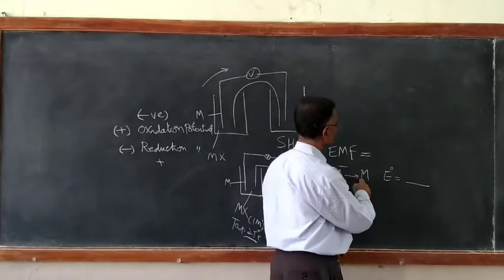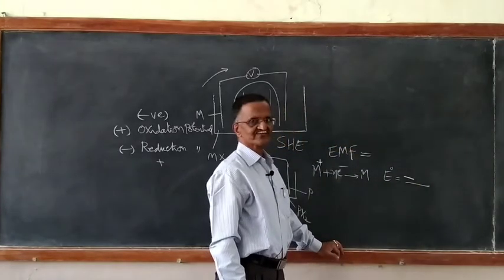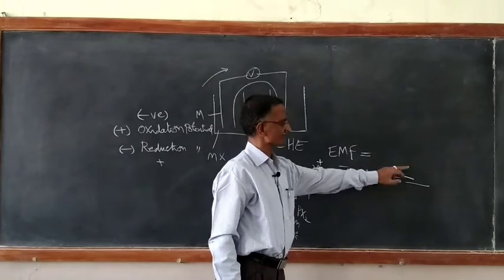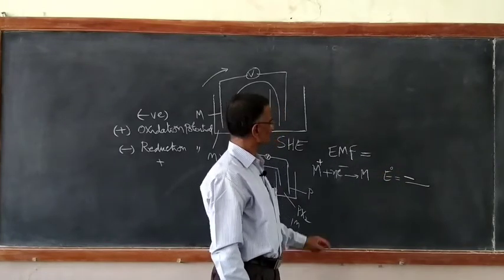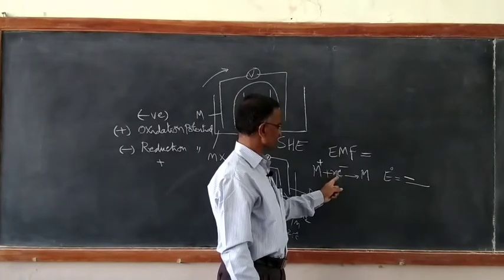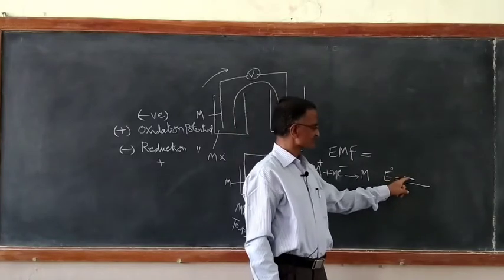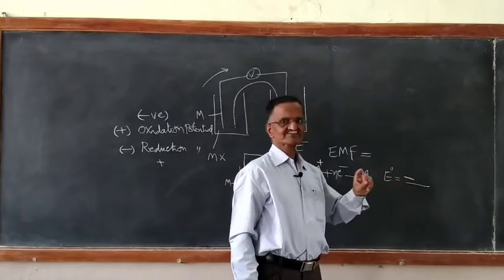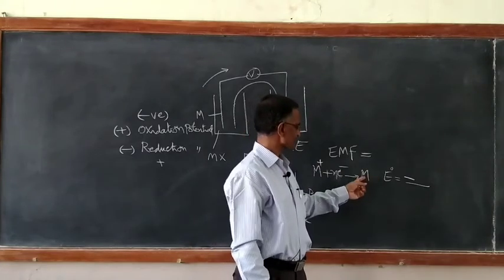Standard electrode potential is given. The electrode potential value that is given is with a negative sign. If it is with a negative sign, that means what? For reduction to take place, it is not ready. Your metal is not ready to undergo reduction. Otherwise, your metal is ready to undergo oxidation.